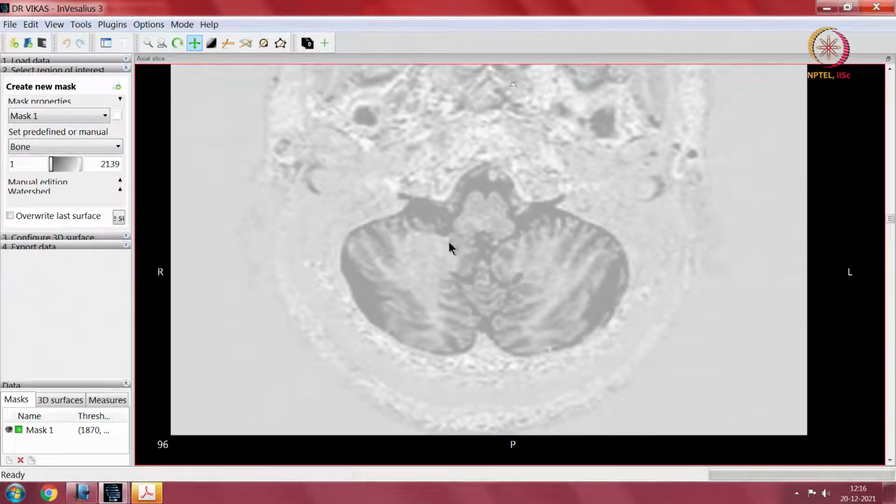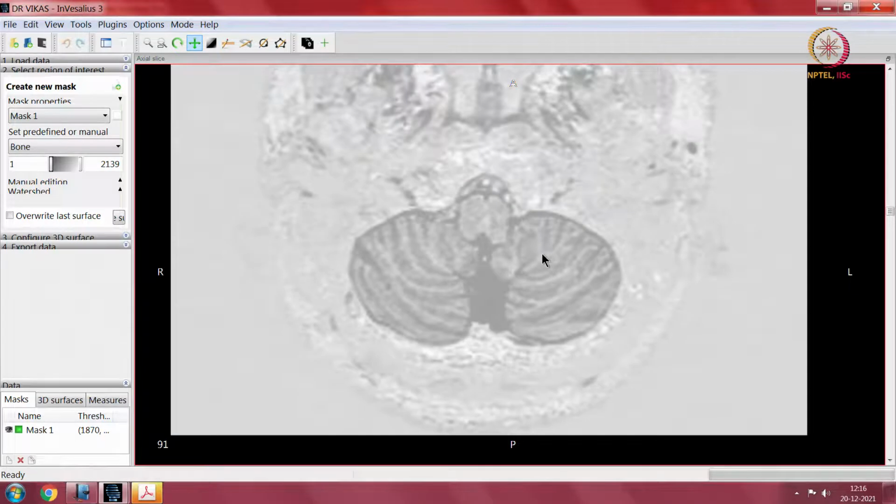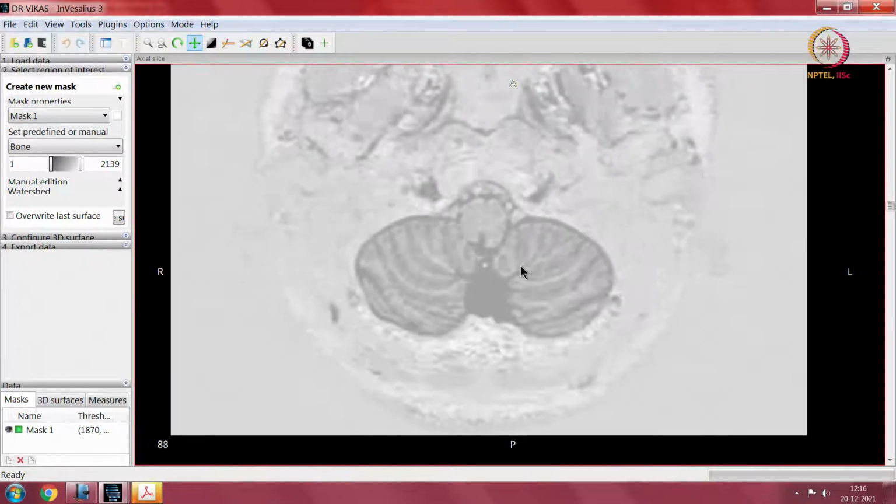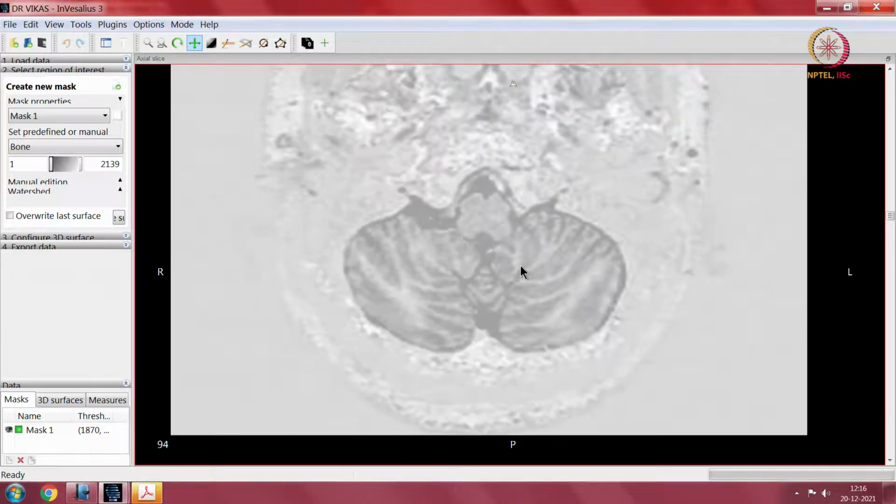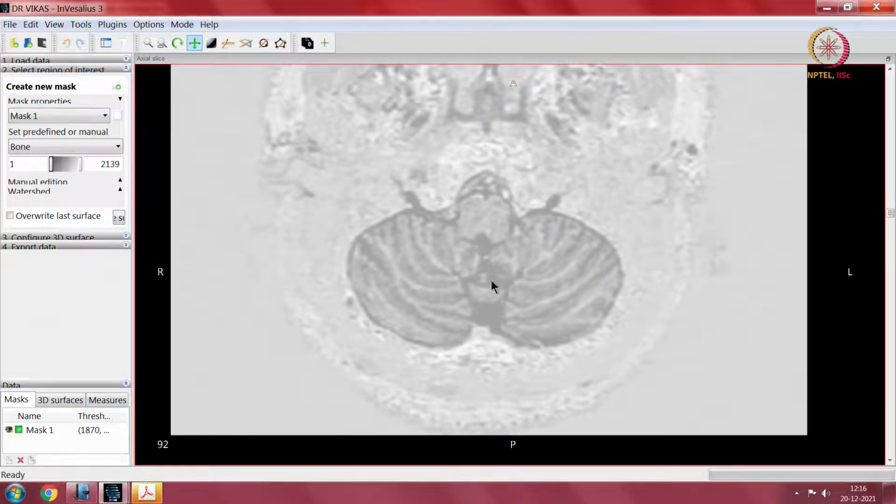So, this whole stuff is the cerebellum. Two hemispheres like in the cerebrum, you can make out very clearly. These two small structures over here are called the tonsils. Tonsil, tonsil. We come up a little bit and this thing is the uvula.